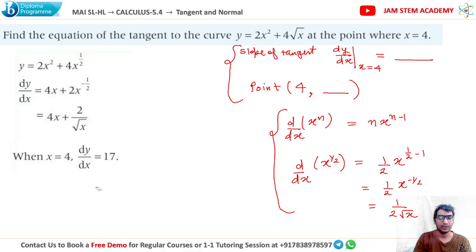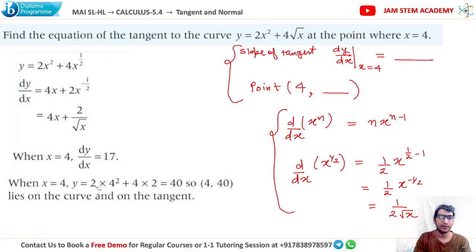Okay. Now, next thing is that point, as I said, we need y value. So if x is equal to 4, we can substitute that x equal to 4 in the equation of the curve. We get the corresponding value of y. So we got y equals 2 times 4 square plus 4 times square root of 4, which in this case comes out as 40. So the given point will be 4 comma 40.